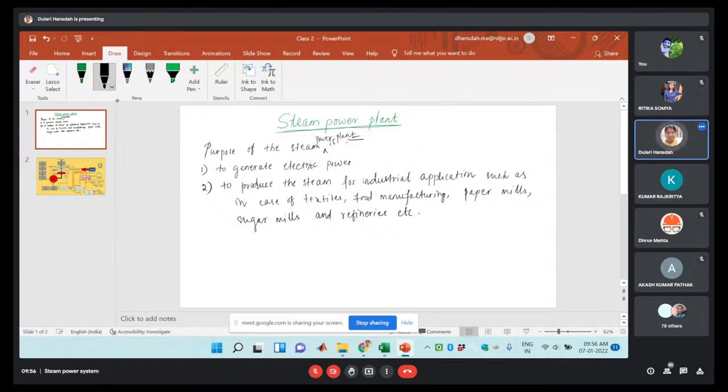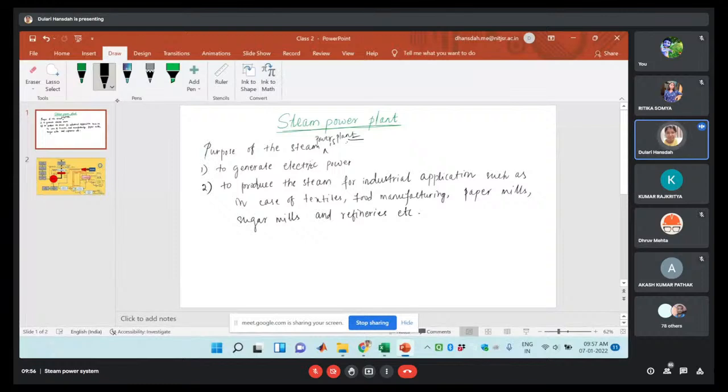Also in food manufacturing, we can use this type of steam for drying the food. And paper mills, sugar mills and refineries, etc. In different industrial applications, we can use this type of steam power plant.